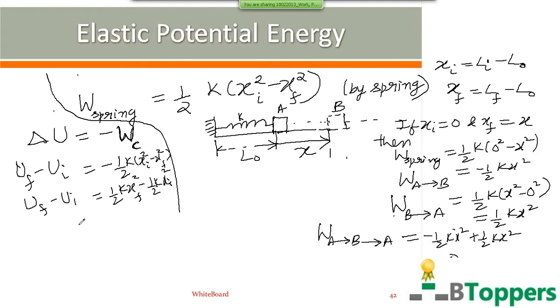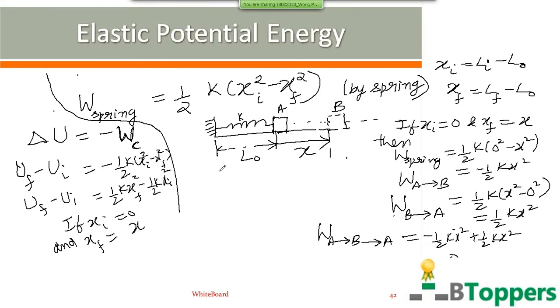So in general, if the spring is initially unstretched, xi equal to 0 and xf equal to plus or minus x, then the spring is stretched by a distance x from its natural length. Then xi is 0, xf is equal to plus x.